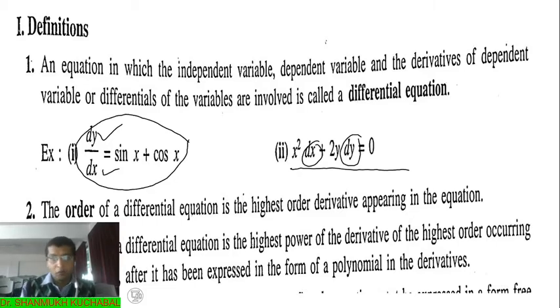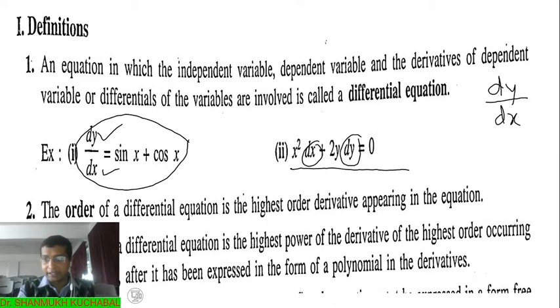Then we'll study what is meant by the order of a differential equation. The order of a differential equation is the highest order derivative appearing in the equation, that is dy by dx. It is a first order.